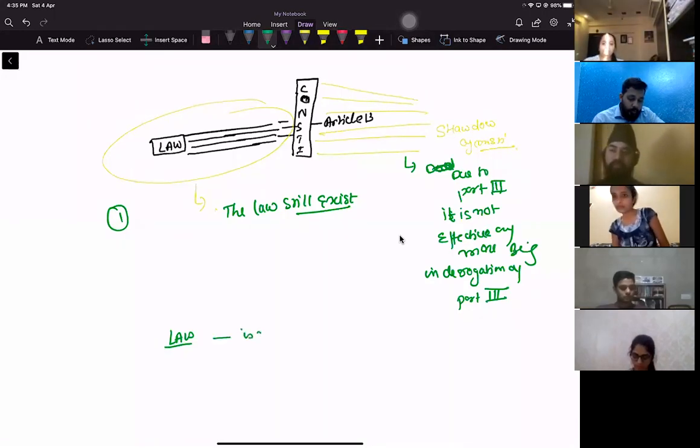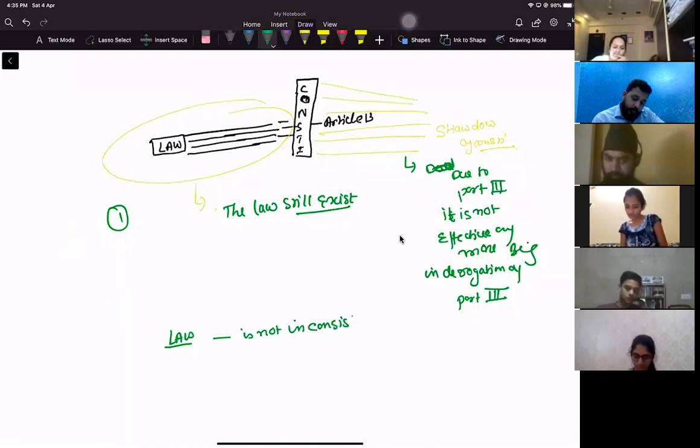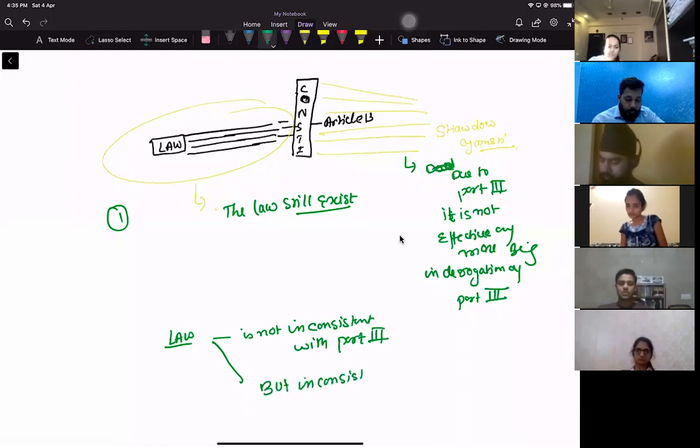Law is not inconsistent with Part 3 but inconsistent with Part 4.